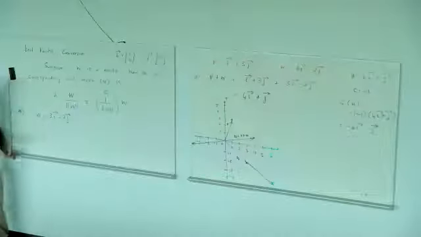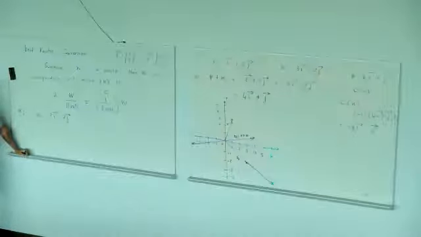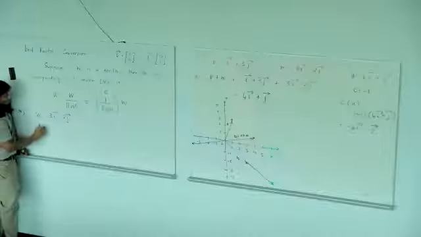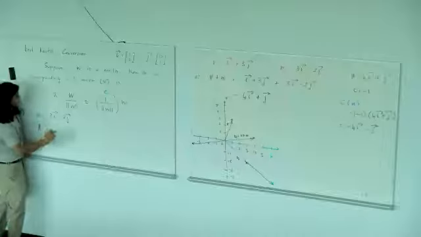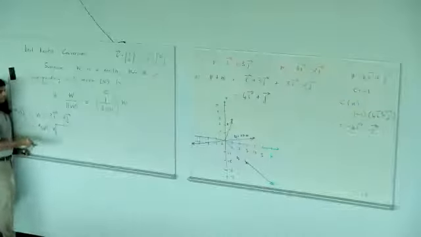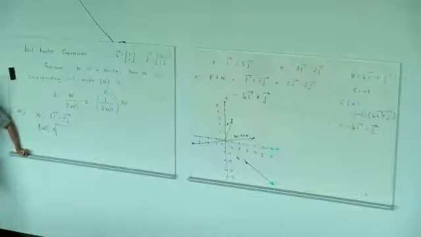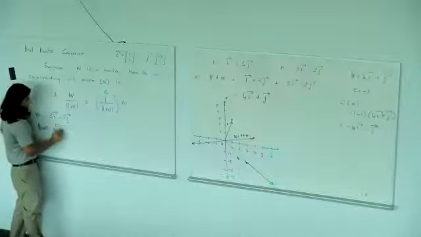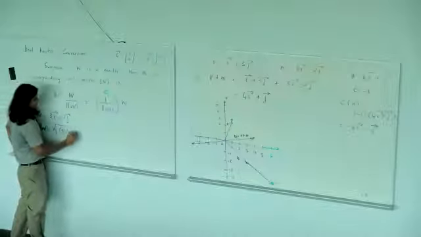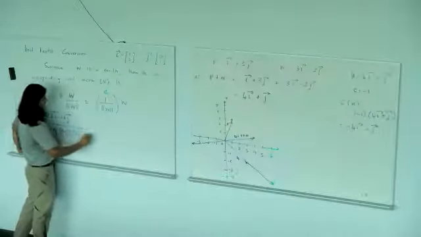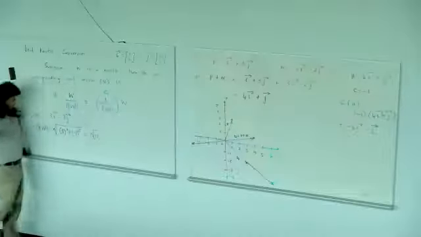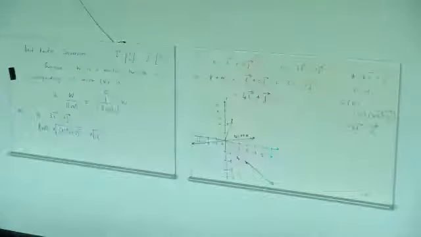How do we find it? Easy. The square root of a squared plus b squared. What is a? 3. What is b? -2. Okay, it's the square root of 13.